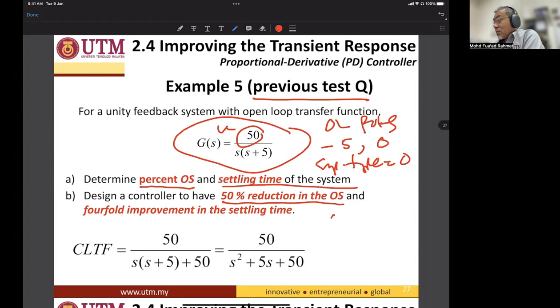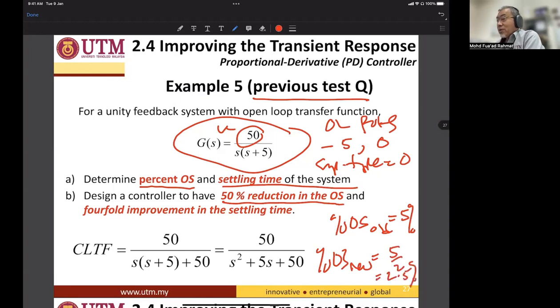So if the old overshoot is, let's say, 5%, the new overshoot will be how much? 5 divided by 2, so 2.5%. Reduce the overshoot.